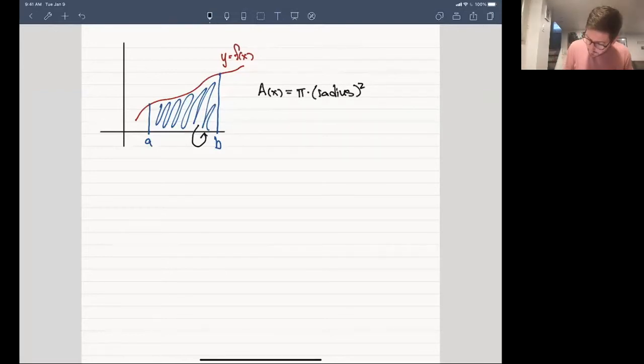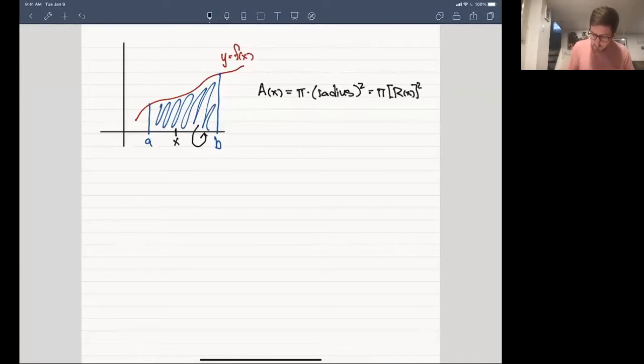So the question is, what is the radius? Well, abstractly, we can just say this might be some function that depends on where we are in x. But in the specific case of my little picture here, what would the radius be? Well, the radius for a value of x would be the distance from the center of this object.